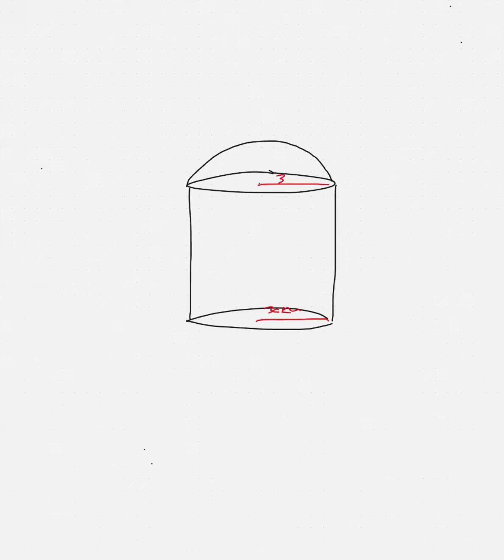And the height as suggested here is 8 centimeters. So the height of the paperweight is 8, and the radius of the hemisphere and also the base of the cylinder is 3 centimeters. That's the only information they gave us, and then they ask us a couple of questions.